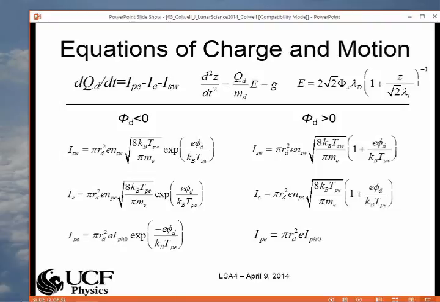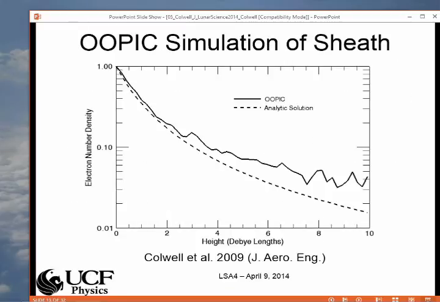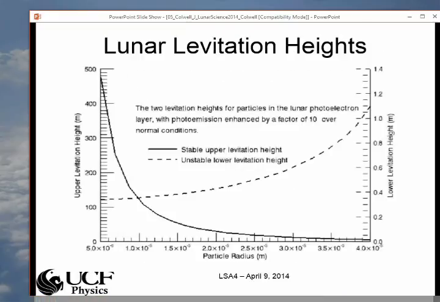If we knock the particle off the surface, then what happens to the motion of that particle? So here's all the gory details of the various charging currents, and then the equation of motion. So put that in, the computer knows how to handle this stuff, and we can take a look at what happens.